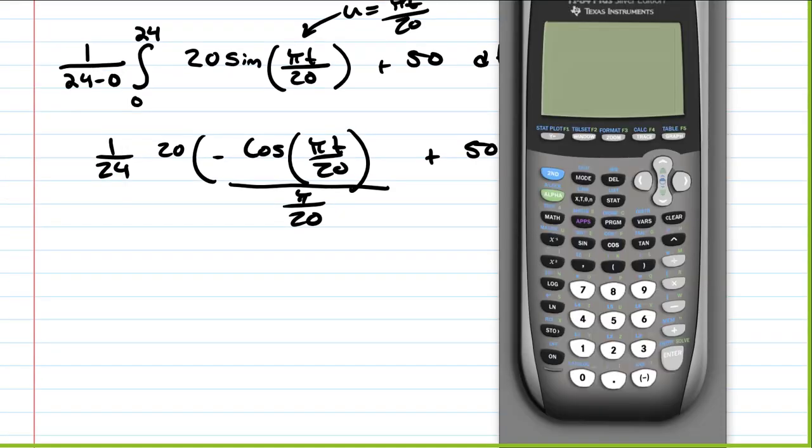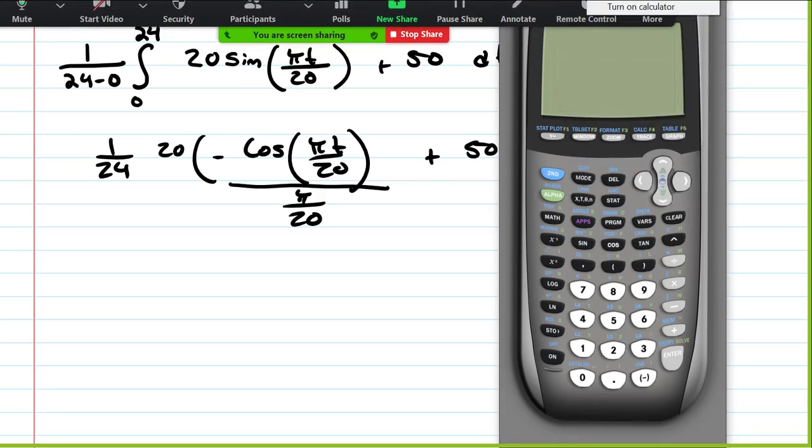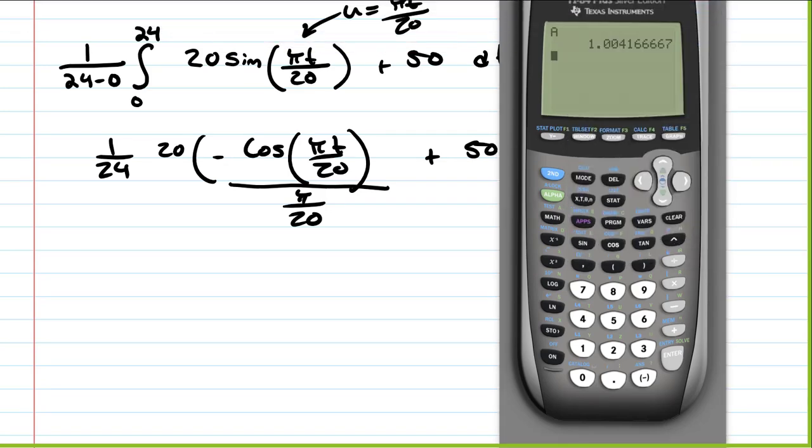Well, that thing's a bit of a mess, so I'm going to just put all that into my calculator under y equals. So to clear that out, I'm going to have 1 over 24 times 20, so I'll just do that as 20 over 24.